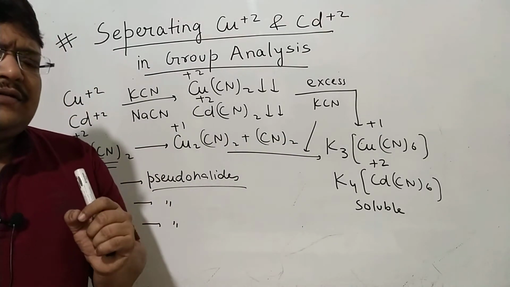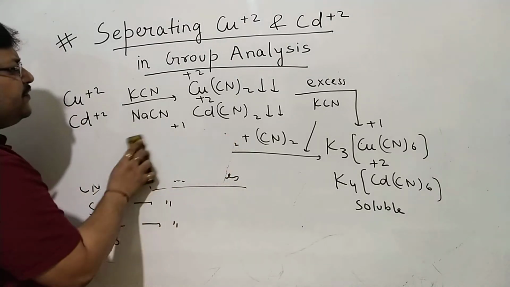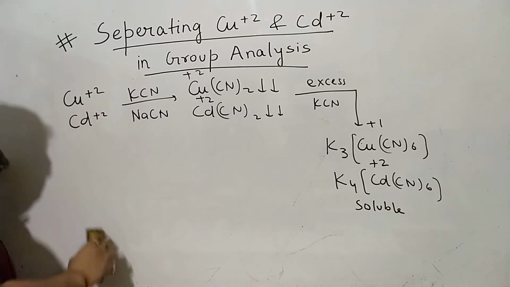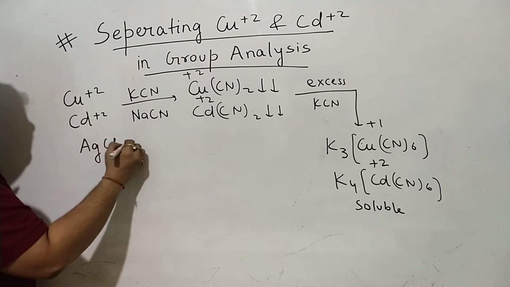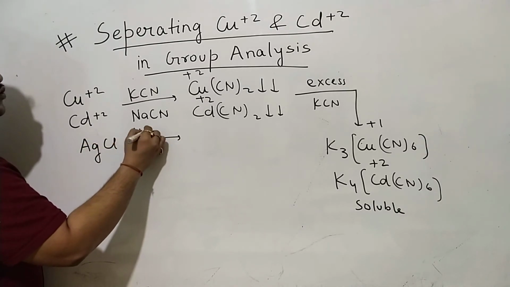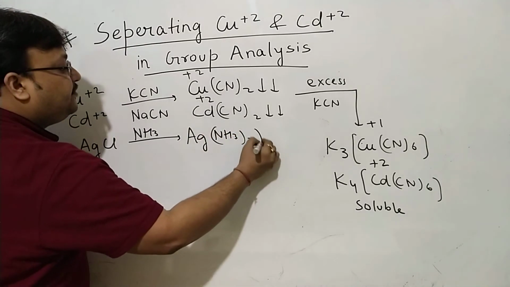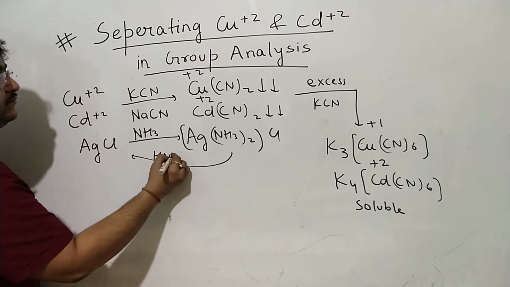What comes to mind is a very popular silver halide, which is AgCl. You know, AgCl is a white precipitate which dissolves in ammonia, forming [Ag(NH3)2]Cl. This comes back on adding nitric acid.